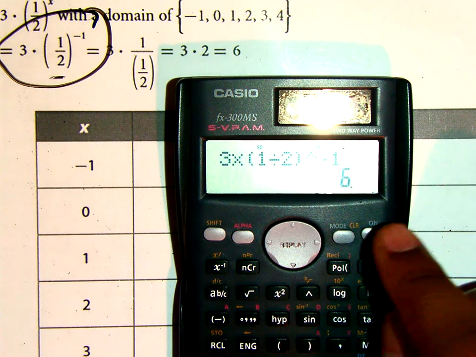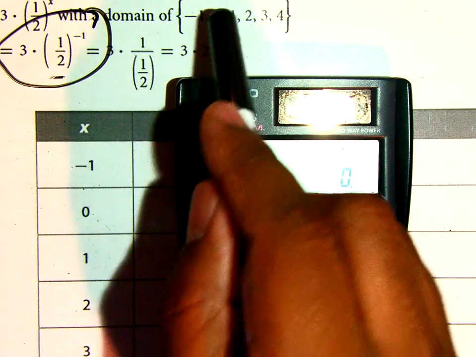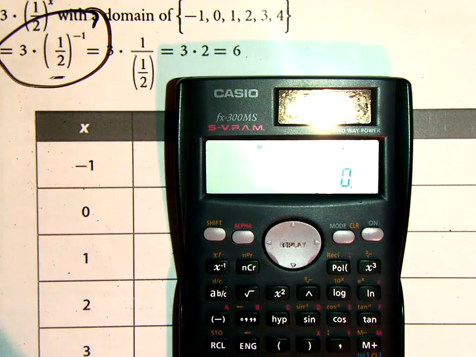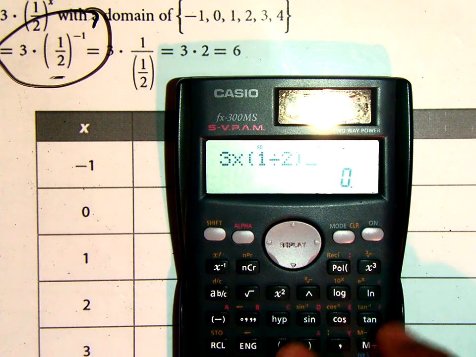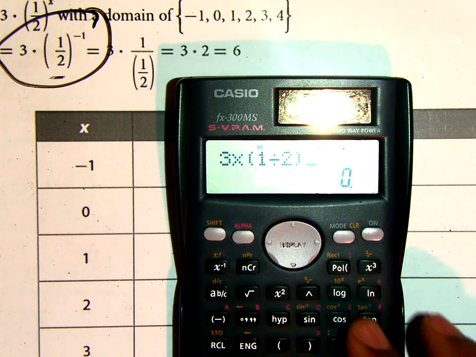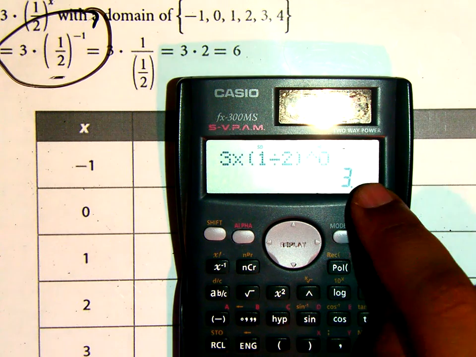Okay, let me do a couple more. All right, so next time, instead of putting in -1, I'm going to put in 0. So I have 3 times, open parentheses, 1 divided by 2, close parentheses, and raise it to 0. And then hit enter, and I get 3.